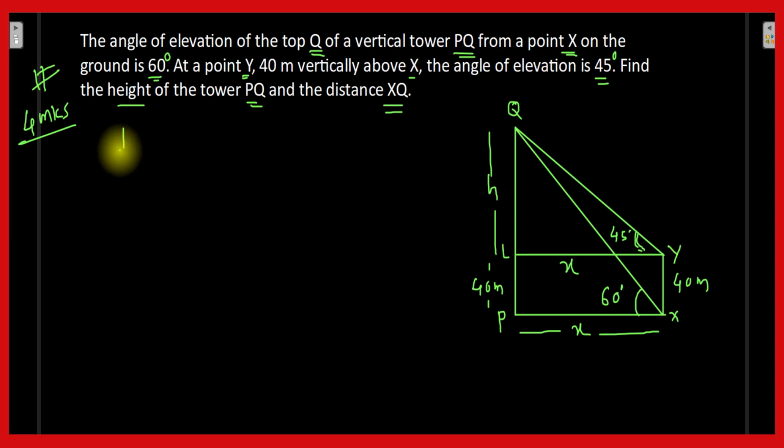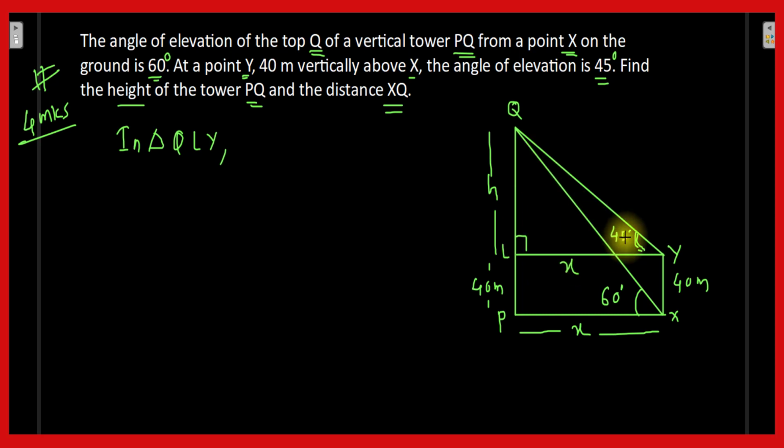In triangle QLY, tan 45 is equal to opposite upon adjacent. As in the previous examples we have seen that whenever this angle is 45 degree, these 2 legs of the right angle triangle will always be equal, because these base angles will be equal.